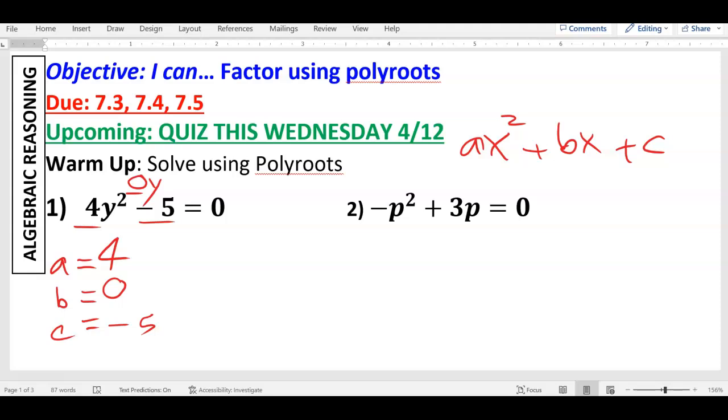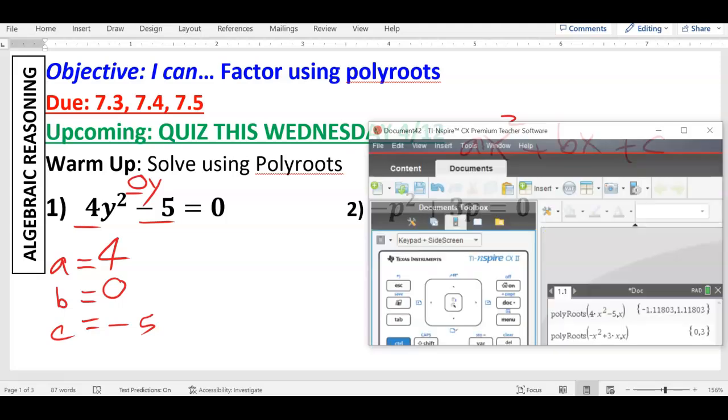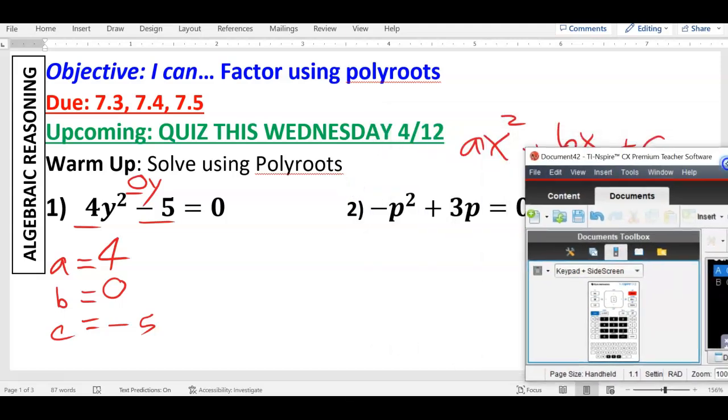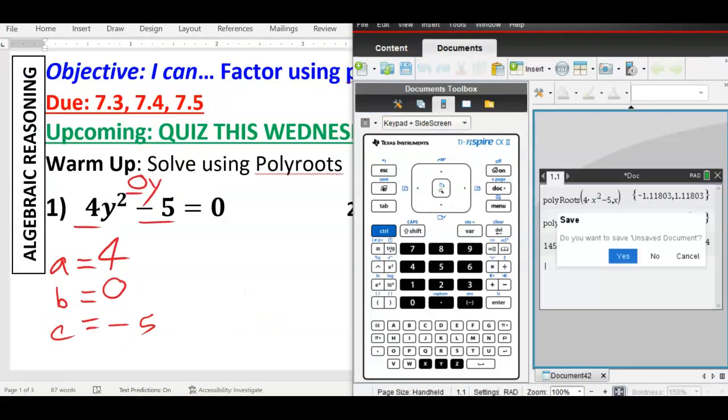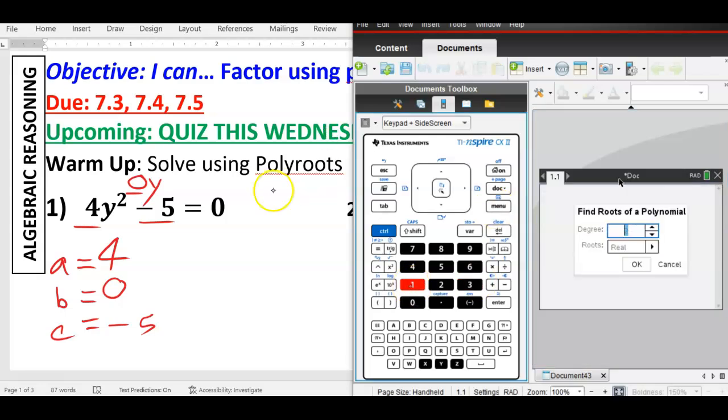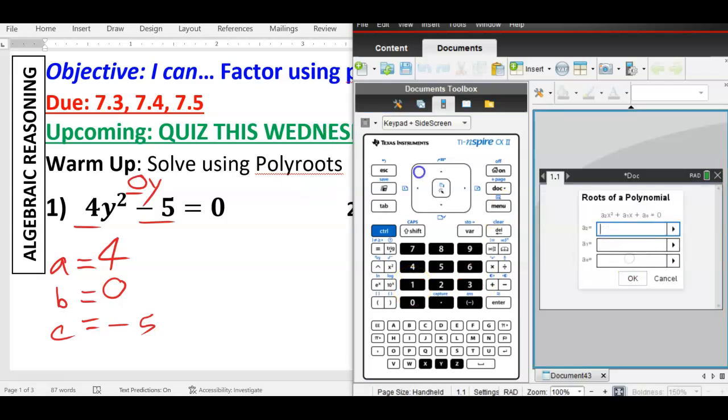Now, can we use our calculator to get the solution when we know A, B, and C? So remind me, how do I use polyroots? What buttons do I press? Menu 3, 3, 1. Do you know that? So menu 3, 3, 1. Hit OK, and now we're going to put in A, B, and C. As long as you have the right numbers, then you'll be good.